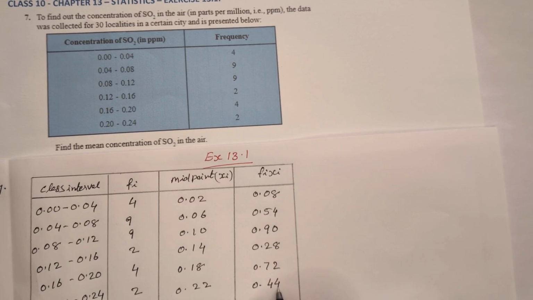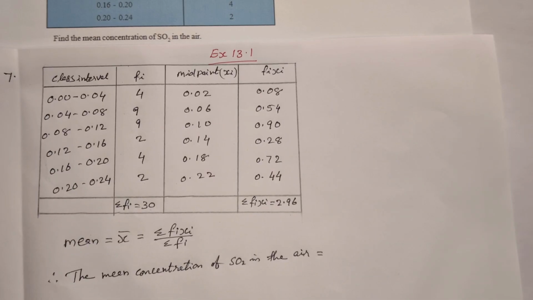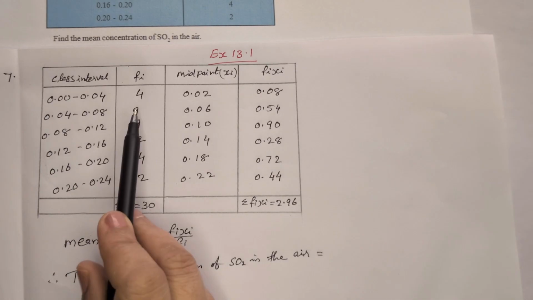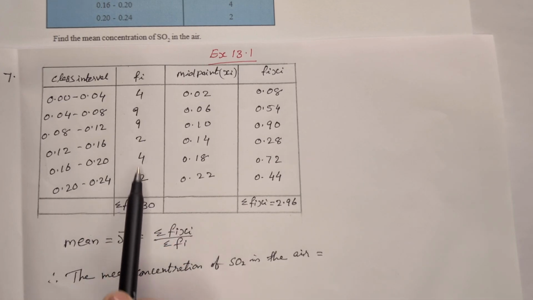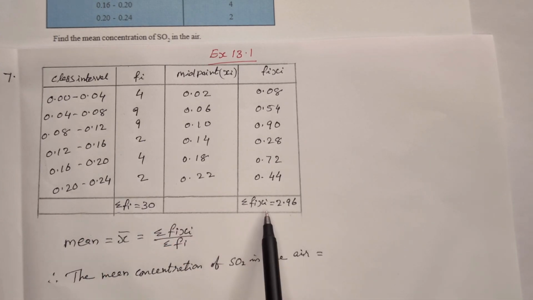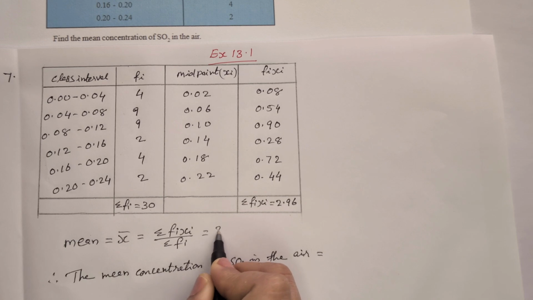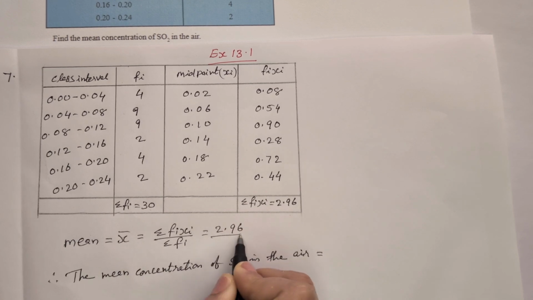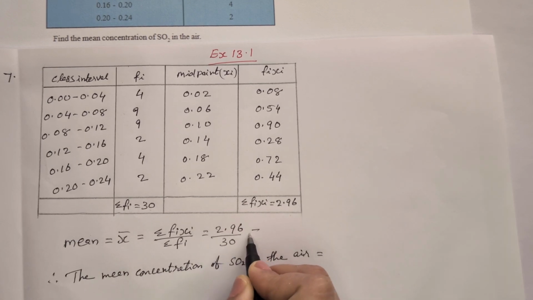Here direct method, so we can apply the formula sigma Fi Hi divided by sigma Fi. Here we got sigma Fi, sum of all the frequency, that is 30, and Fi Hi as 2.96. So mean is equal to H bar is equal to sigma Fi Hi by sigma Fi, which is equal to 2.96 divided by 30.